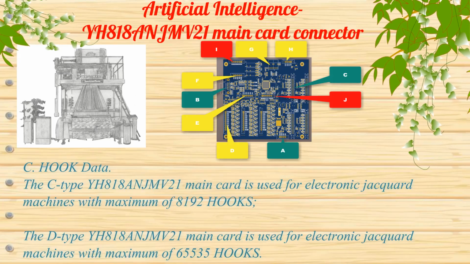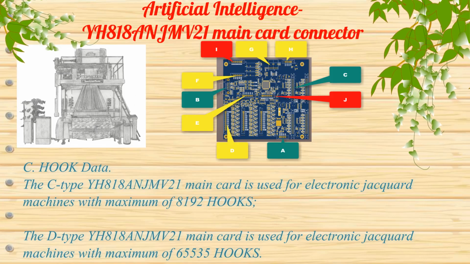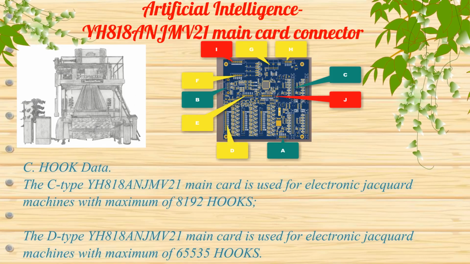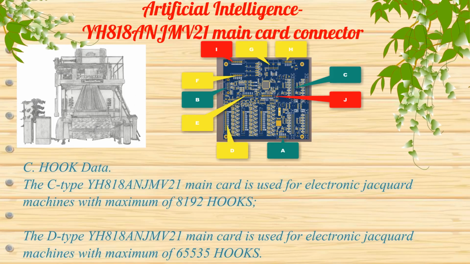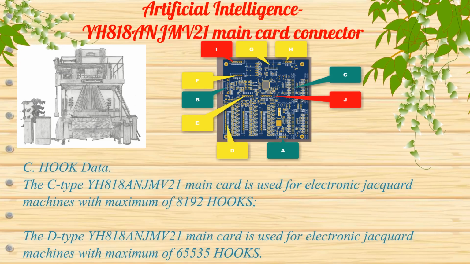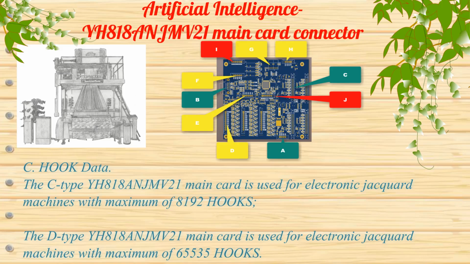C. Hook data. The C-type YH818ANJMV21 main card is used for electronic jacquard machines, with a maximum of 8192 hooks. The D-type YH818ANJMV21 main card is used for electronic jacquard machines, with a maximum of 65535 hooks.